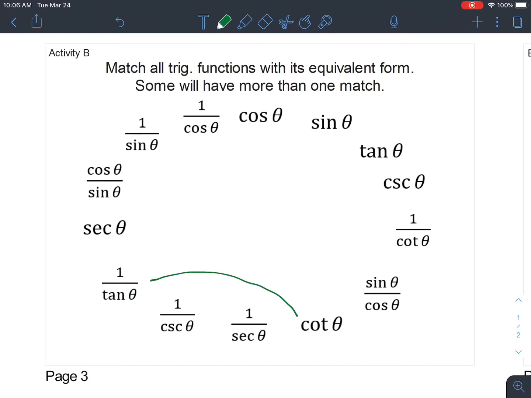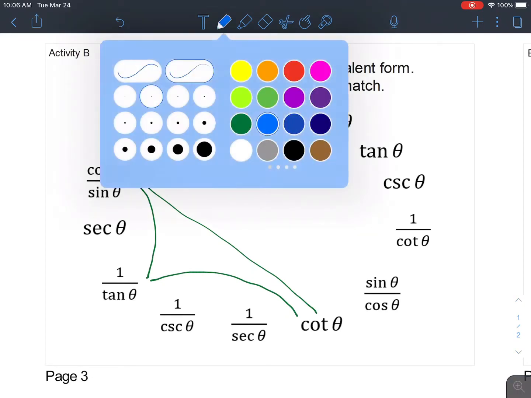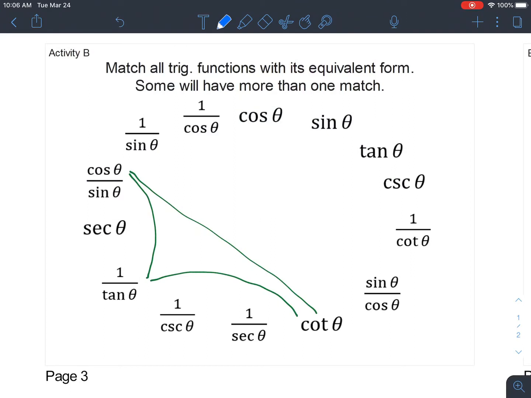Well, the reciprocal of sine over cosine is cosine over sine. So therefore, those two have to go together. And then also cosine over sine is the same thing as cotangent. So that was going to be one of the pairs. Or I guess that's not a pair, that's a group of three. But so that was going to be one set of matches.